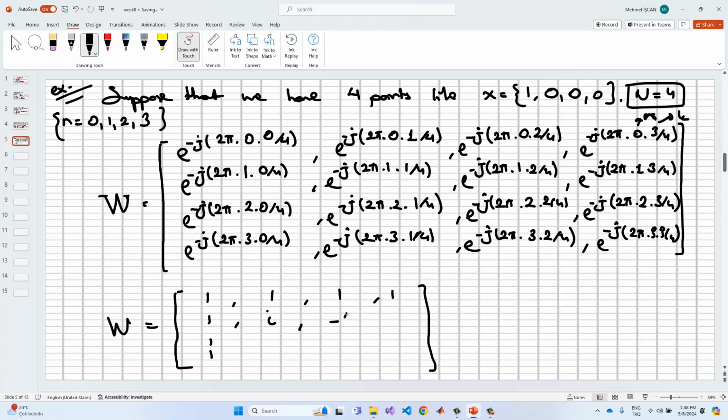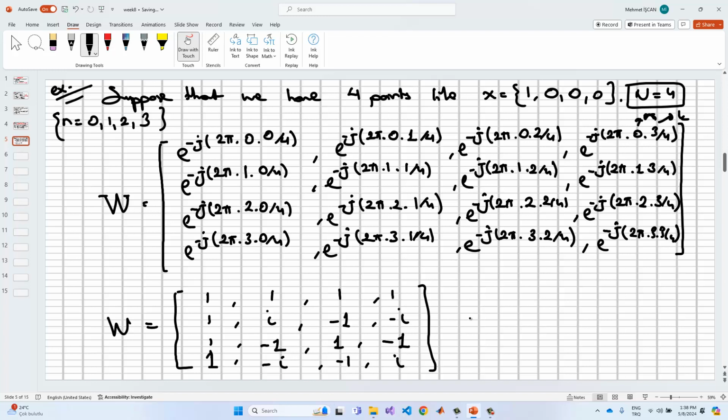Yes, minus 1. And so, what's the value of the third term? And so, minus i, right? And so, what's the value of this term? This is e to the pi. Yes, minus 1. And so, this is 1 and this is minus 1, right? And so, at the last case, we have minus i, right? And also minus 1 and also i, right?